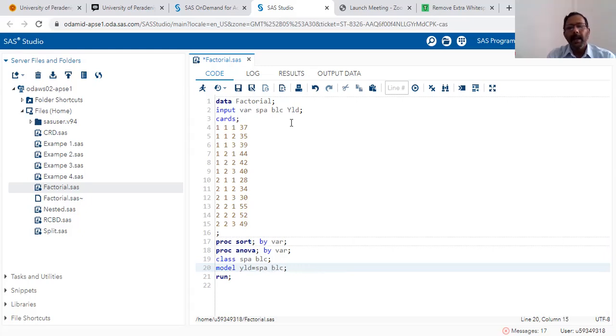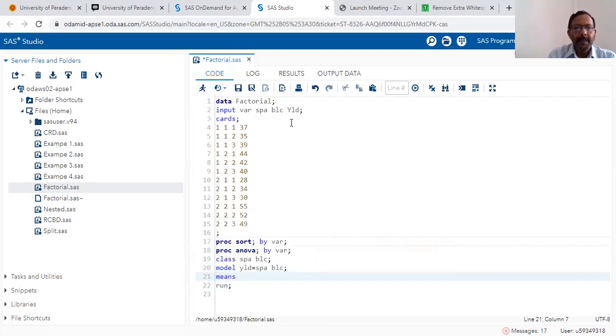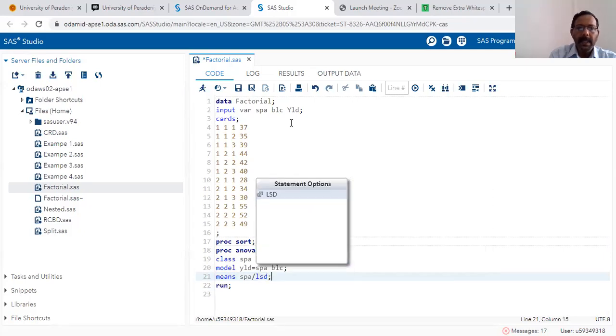Block is there, so we'll have to keep the block. Right? You cannot remove the block. Then you have means: spacing, stroke, LST. We use the LST.